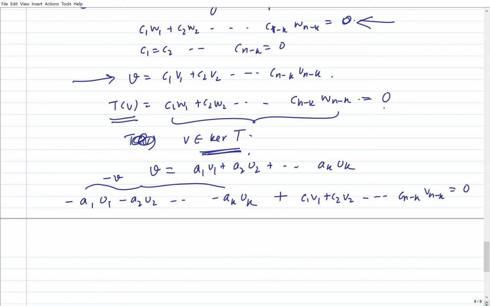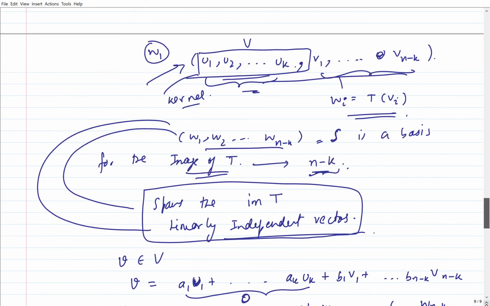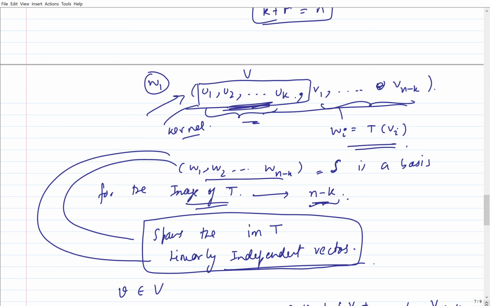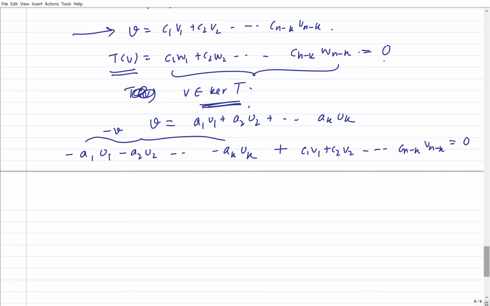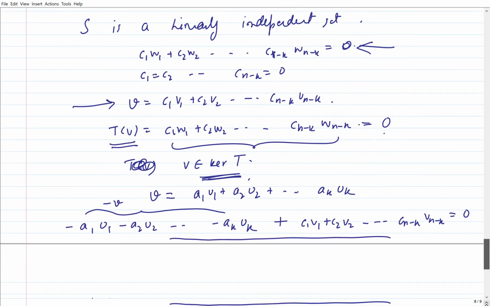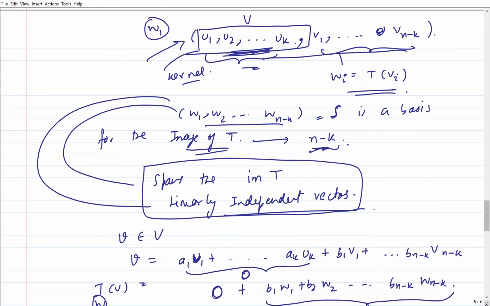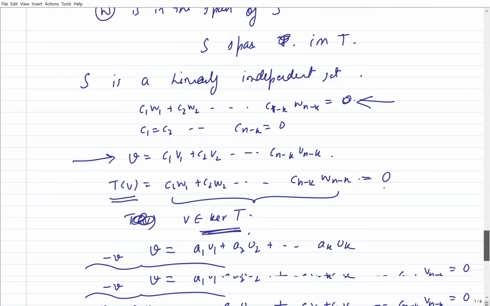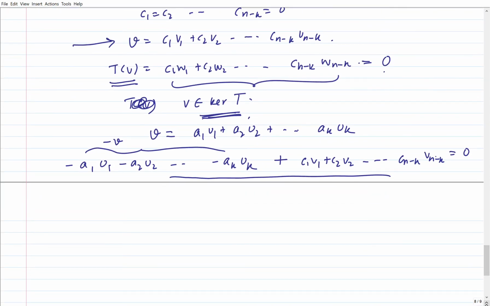But notice that these guys were a basis. So if these guys were a basis, what do I have? I have all of these guys to be 0. Remember, this was a basis, and I have a linear combination of the basis vectors equal to 0.